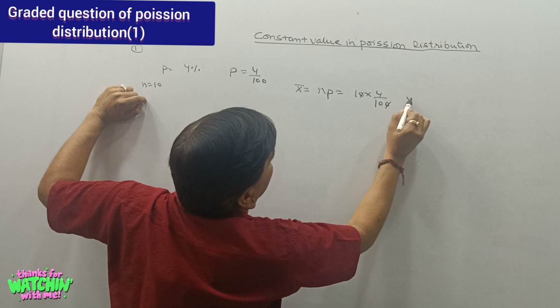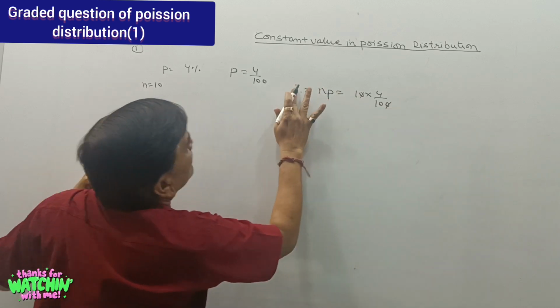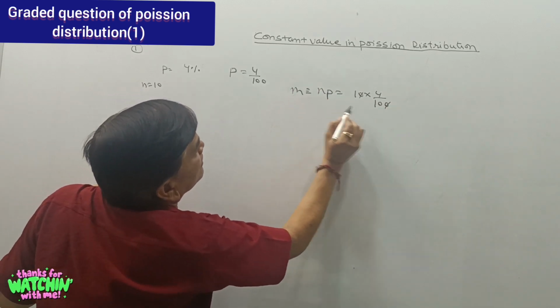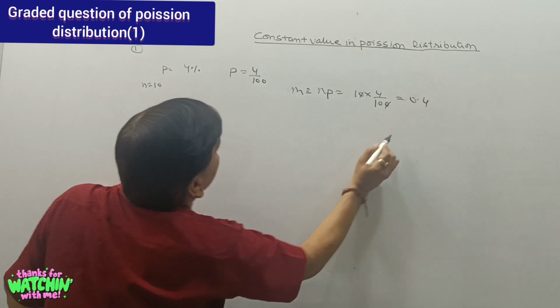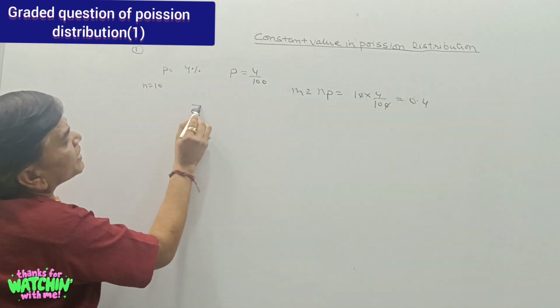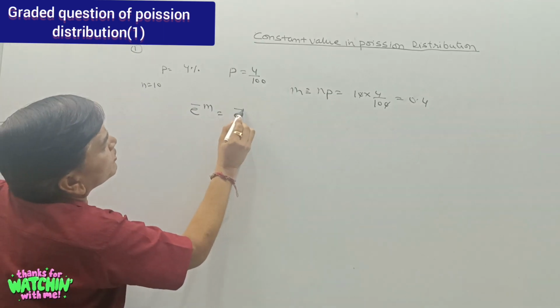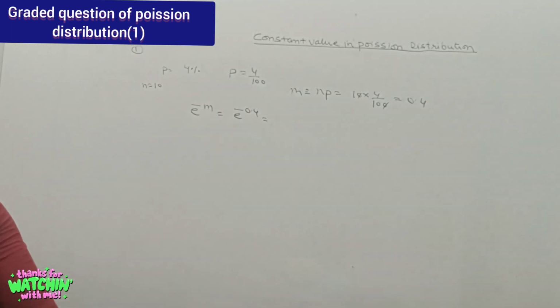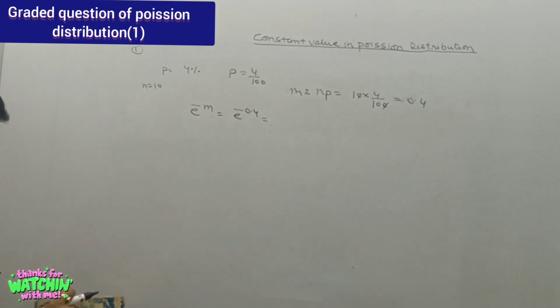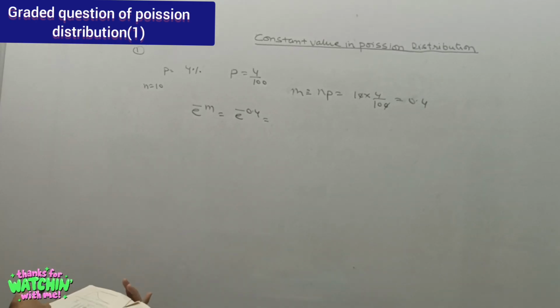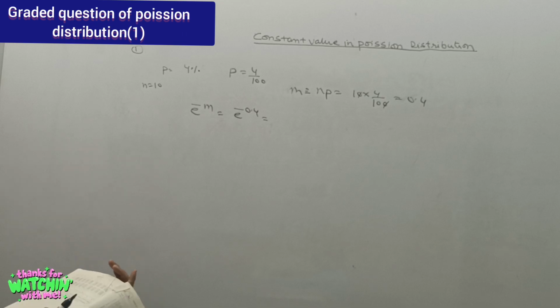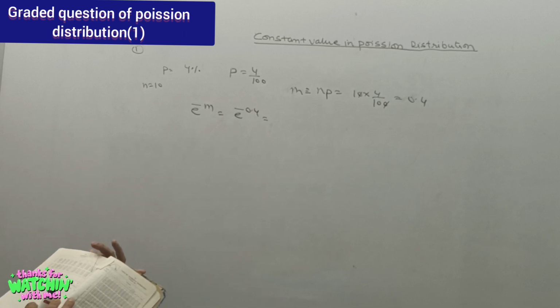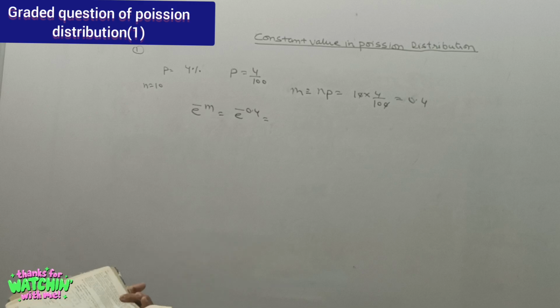So m is equal to 0.4. e raised to power minus m is e raised to power minus 0.4. We can calculate the value of e raised to power minus 0.4 with the table. If we see the table of e raised to power minus m, for 0.4, that is 0.6703.